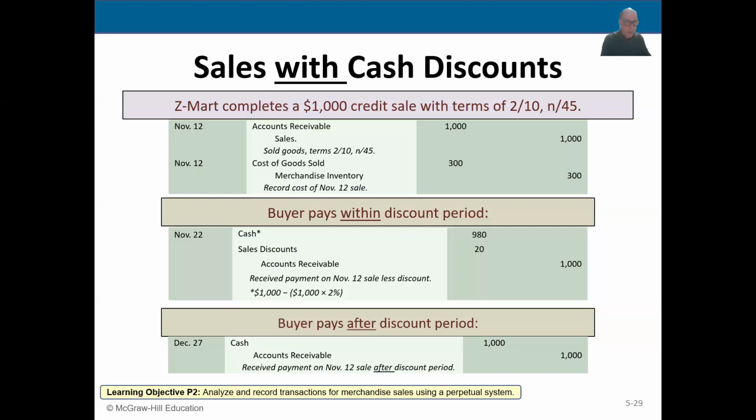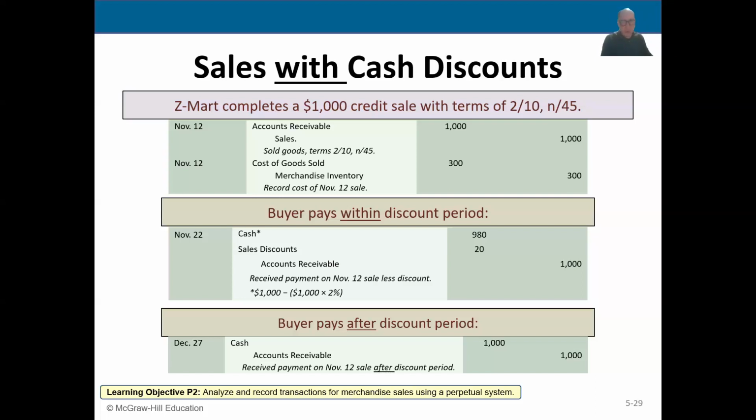So if the customer decides to pay within the 10 days, 10 days later, 22nd, we debit cash $980. Okay, why not $1,000? Because of the 2% discount. 2% of $1,000 is $20.